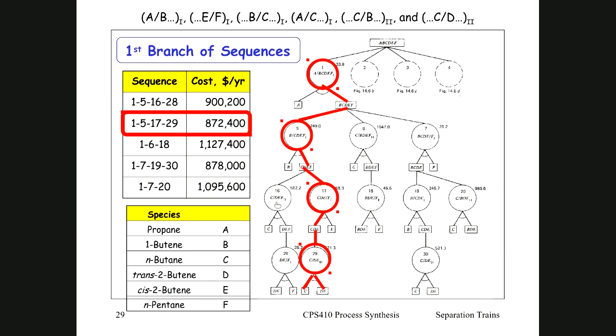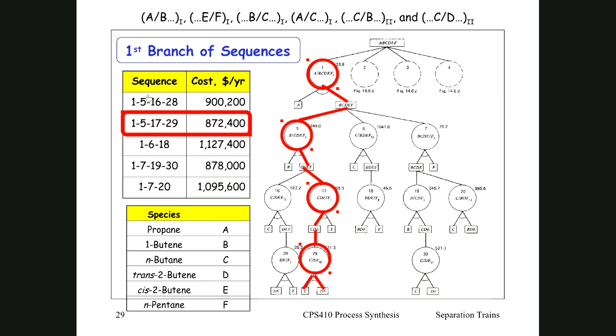Then we'll have DEF, and the only possible separation we could do is EF, from this list up here. And finally, you can do the binary separation of DE, and that would be 35,000, and you can add them all together.